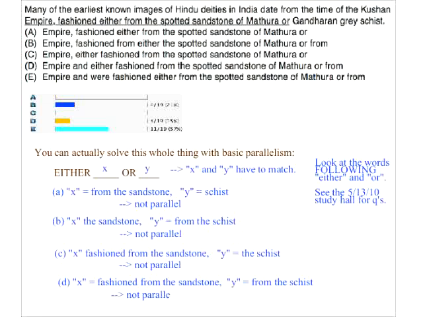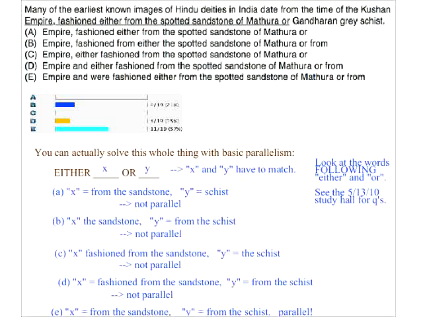But in E, the words following "either" are from the sandstone, and the words following "or" are from the schist. That's parallel. So you're done. And we're going to talk about the "and" issue, but all you need here is parallelism and you are good. So now let's talk about the issue of "and" or not "and."